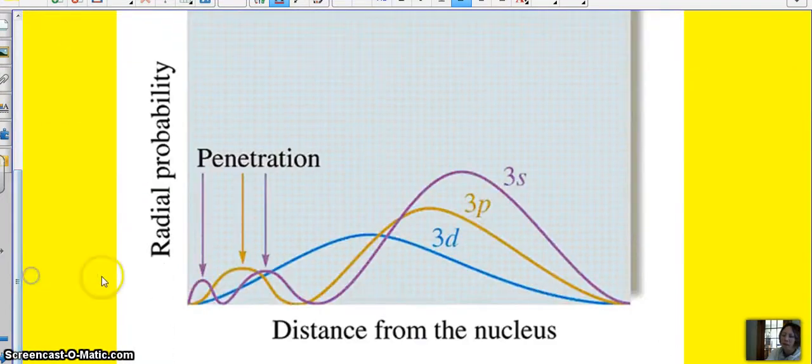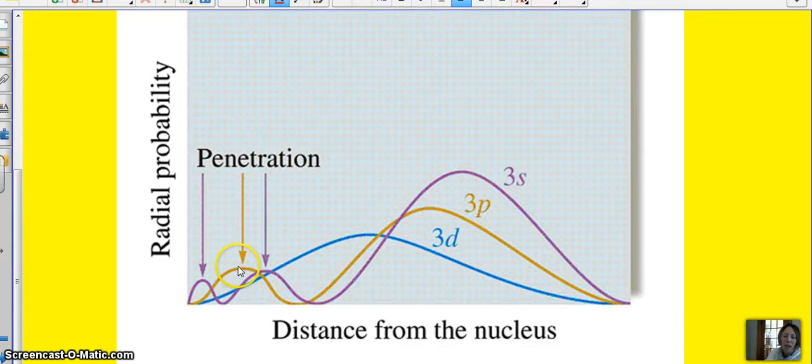If you take a look here, here's your S. It spends actually most of its time farthest from the nucleus compared to 3p, excuse me, and 3d. If you notice though, if this is distance from the nucleus, the sublevel that you'll find, at least an electron spending some of its time there, closest to the nucleus is 3s.